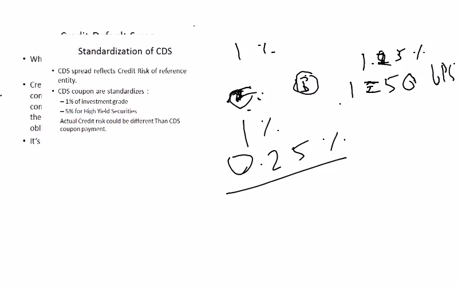So in this case, for an investment grade CDS, A will keep paying 1% as a CDS coupon payment, and initially A will pay 0.25% extra of the notional amount to B as an upfront payment. Remember this.